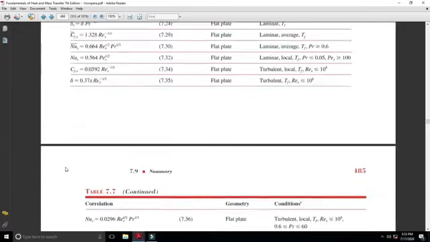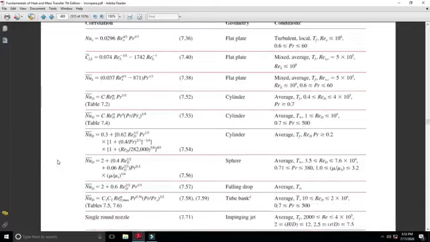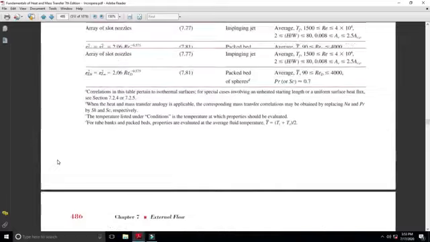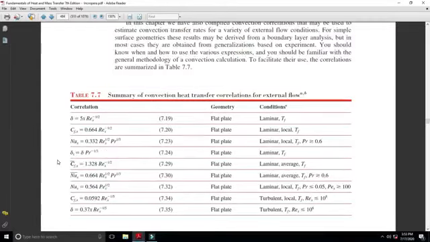However, of course, we can make use of this expression to find out the thickness of the velocity boundary layer, or this expression to find out the thickness of the boundary layer if the flow is turbulent as per the flow conditions. So that is the table that I was talking about for a long while we were going over various expressions of Nusselt number in the material of this chapter.